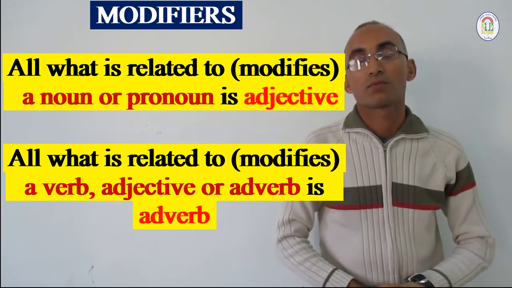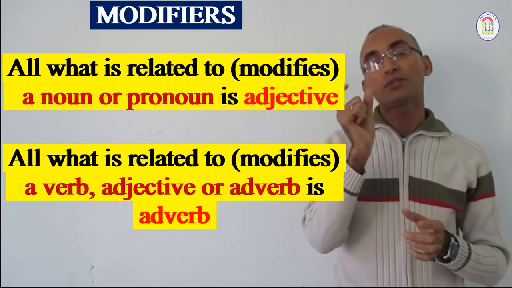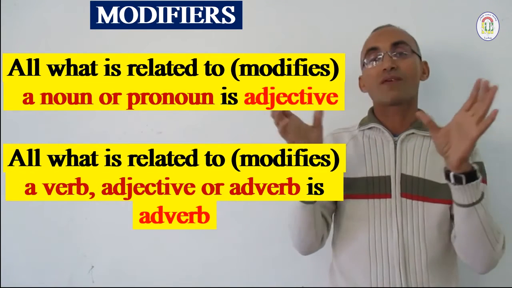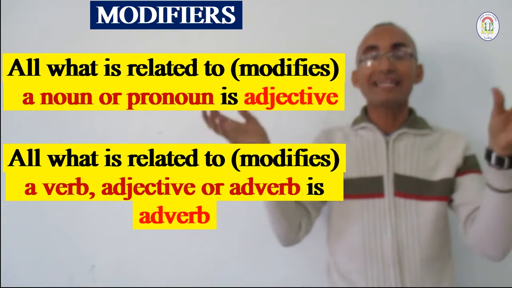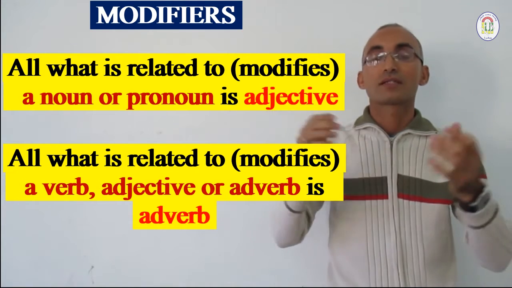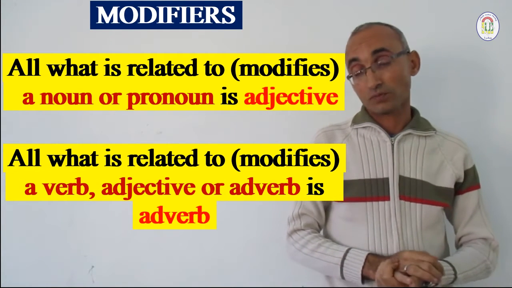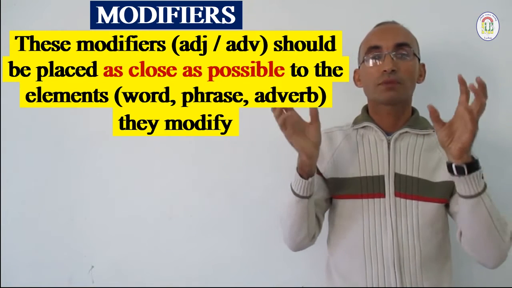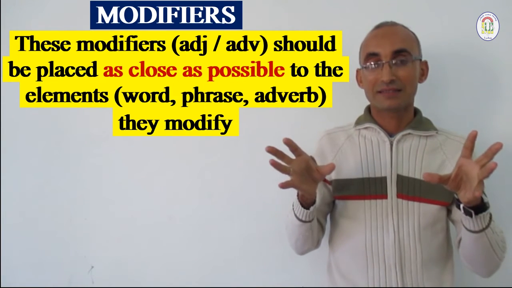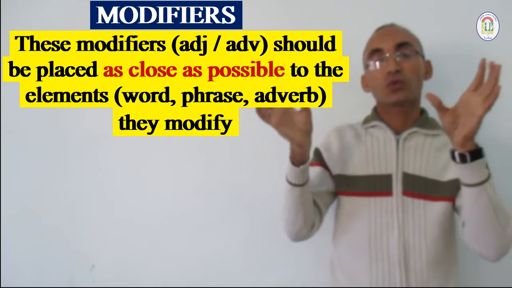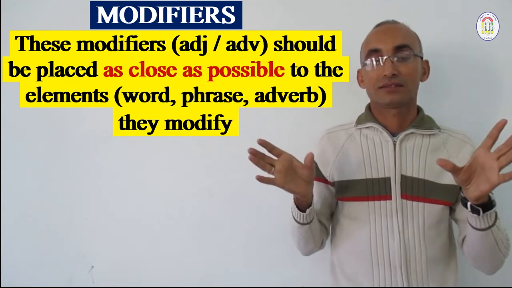both are modifiers. Now the rule for the correct use of adjectives and adverbs is that both of them come to modify an element, right? An element can be a word or phrase or a clause. Now these two modifiers should be placed as close as possible to the elements they modify. Clear?